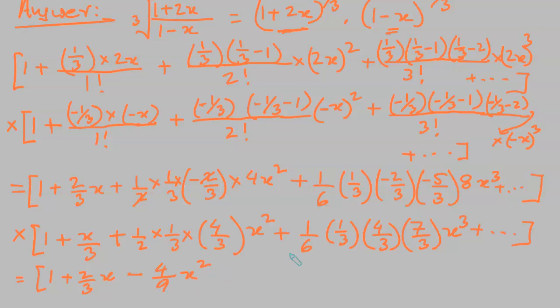And this is a plus sign. Fine. And I can cancel these two. So this is 1, 2, 3, 4. So that is 81. And this is a plus. So it is 5 times 8 is 40. So it is 40 over 81 x to the power of 3. Okay. Plus dot dot dot.